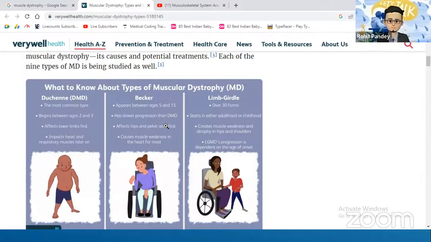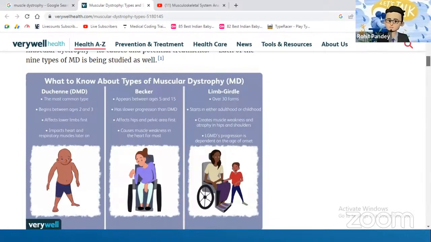Becker appears between 5 and 15, has slower progress than DMD, affects the hip and pelvic area first, and causes muscle weakness in the heart for the most part. Limb girdle has over 30 forms, starts in either adulthood or childhood, and creates muscle weakness and atrophy in the hips and shoulders. LGMD progression is dependent on the age of onset.